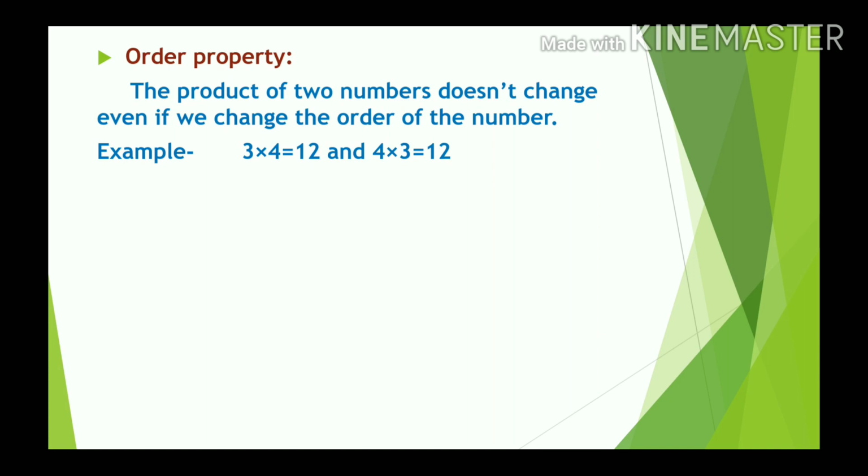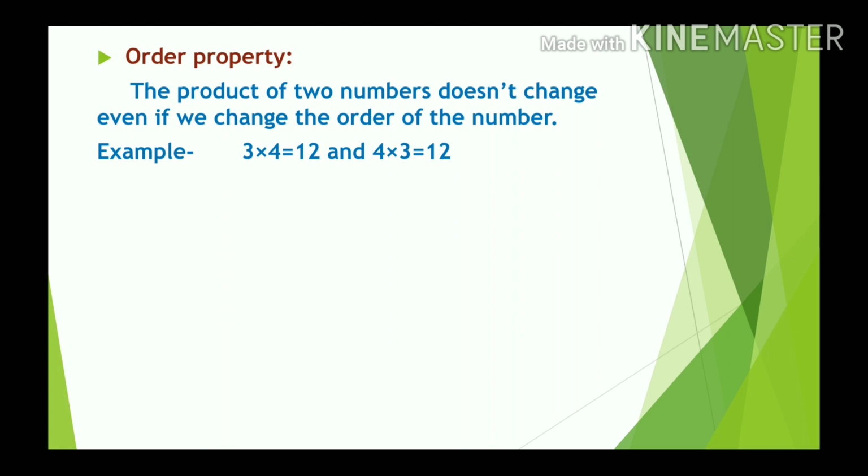In the next multiplication, 4 multiplied by 3, 4 is in the first position and 3 in the second. Means the order of the numbers is changed, but the product is the same.